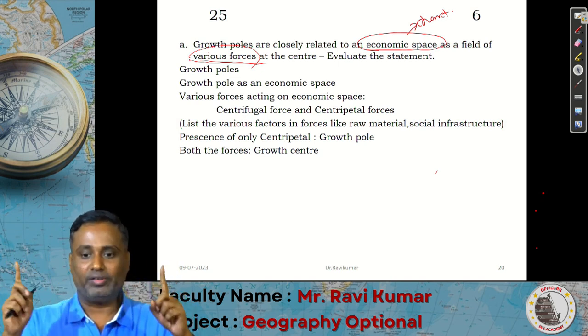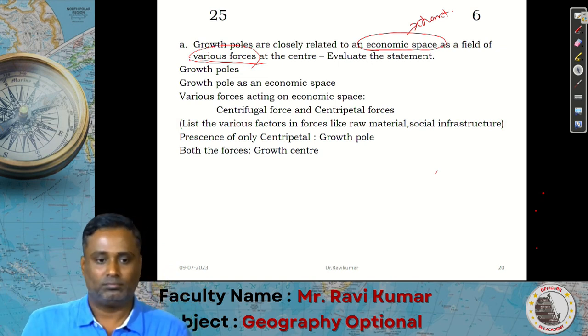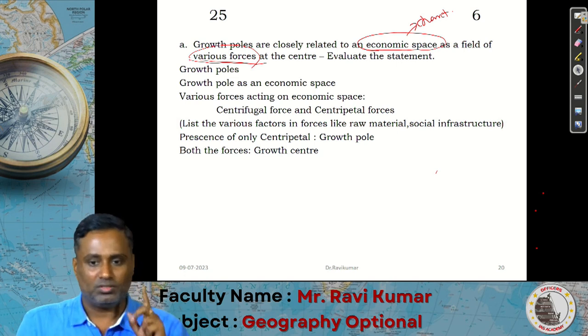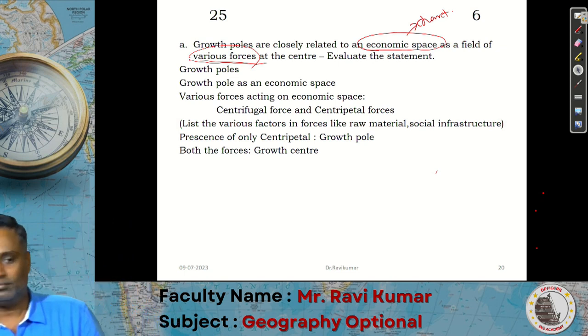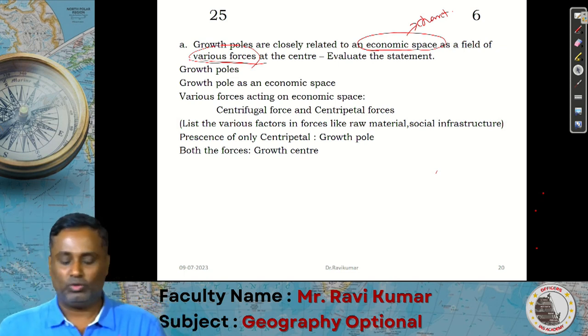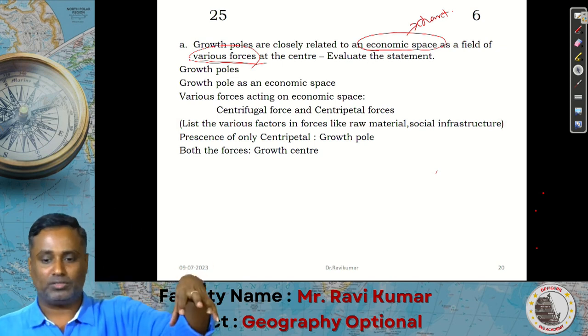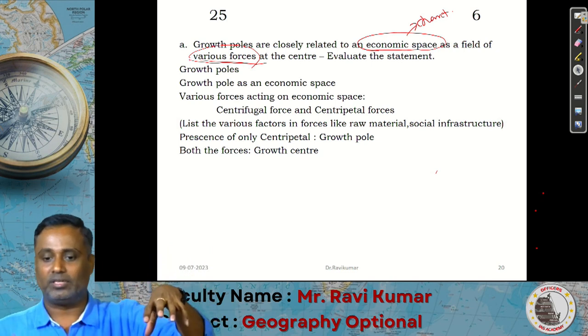What are the various forces that act on a particular center in a circle? Only two forces: centrifugal and centripetal forces. That's it. So we have two forces, and there is an economic space. Now we have to link it with the centrifugal force.